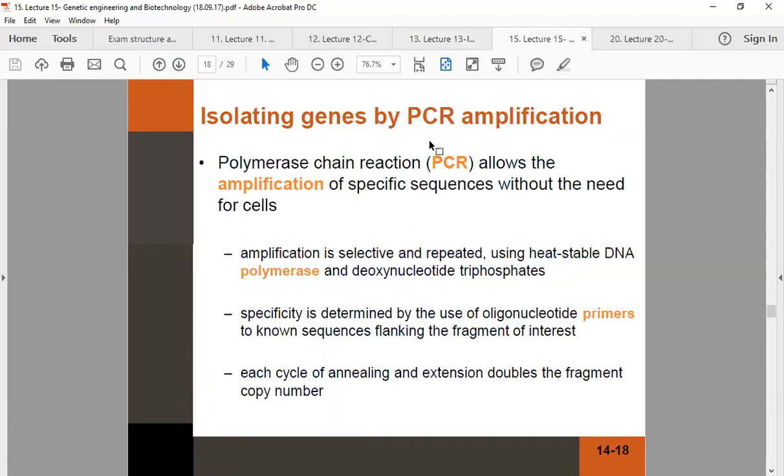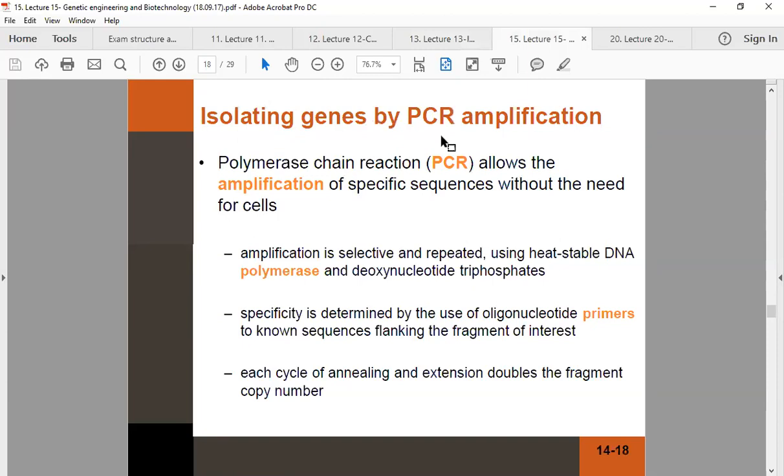Okay, let us revise our technique of PCR, that is the polymerase chain reaction. So remember, this is a very widely used technique that enables you to isolate and amplify a specific region of DNA.